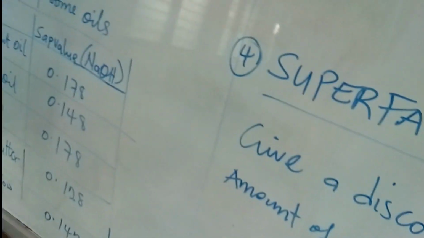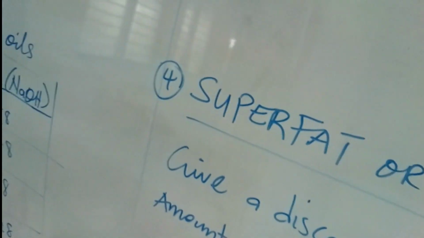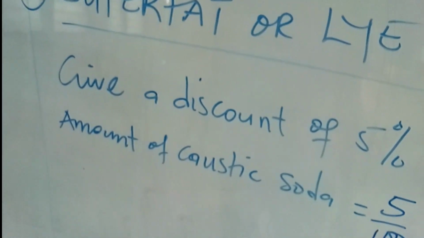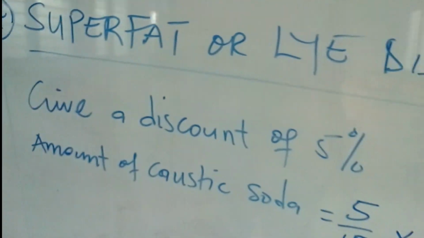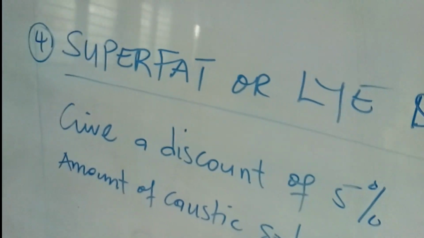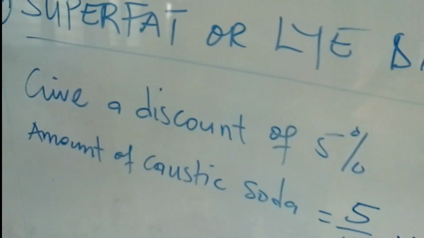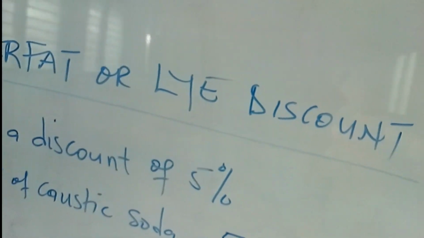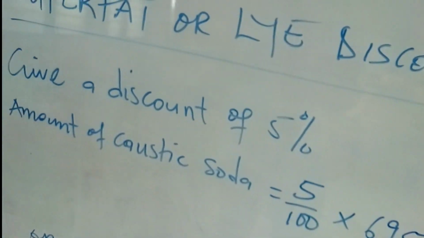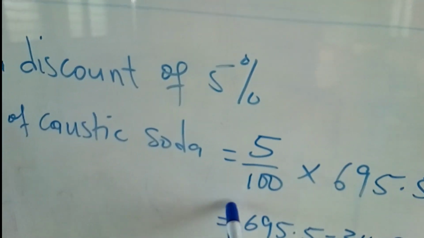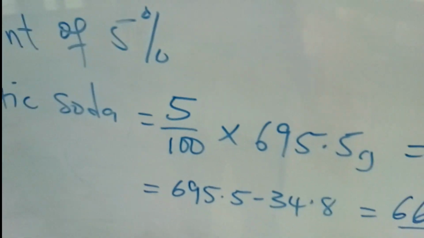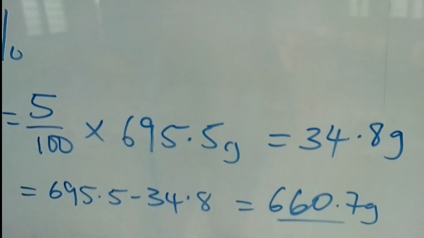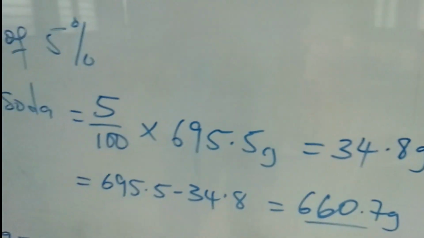So we have two options to calculate that. Option 1: the amount of caustic soda, which is 5%, will give us 5/100. So if you find 5% of 695.5 grams, that will give us 5% multiplied by 695.5 grams, which is 34.8 grams.